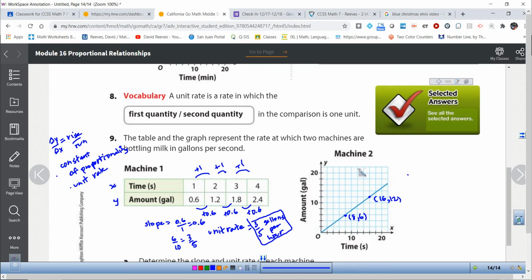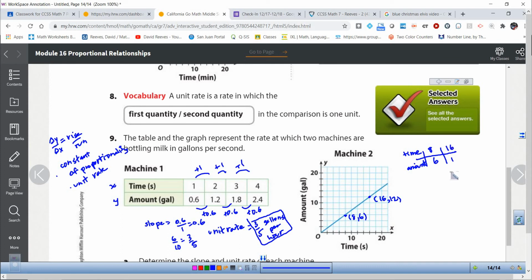Now, how do I find the unit rate on machine 2? All right, well, I could do the same thing. I could take these 2 points, and in effect, what I've done is I've just created a mini table right here, right? If I put time and amount here, I've come up with 2 points, haven't I? For time, I have 8, and for amount, I have 6. And for time, I have 16.